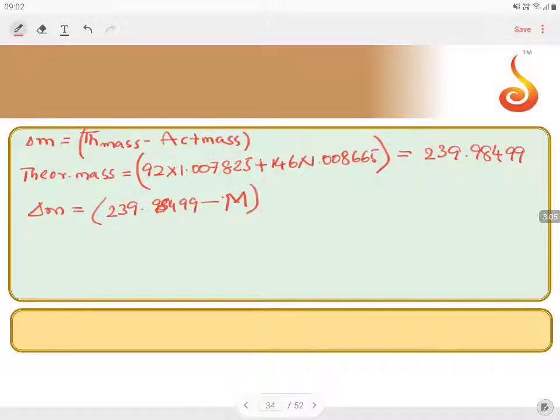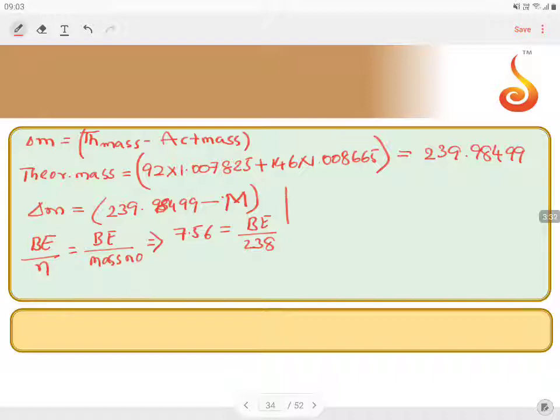Now the data we have is binding energy per nucleon, which is equal to binding energy divided by mass number. What is the mass number given? Binding energy per nucleon is given as 7.56, which is equal to binding energy by the total number 238.